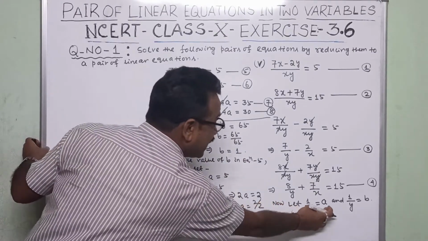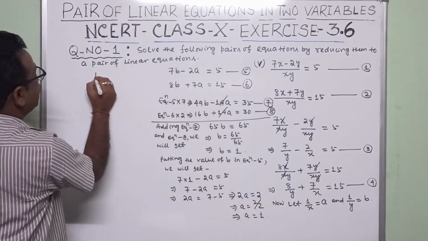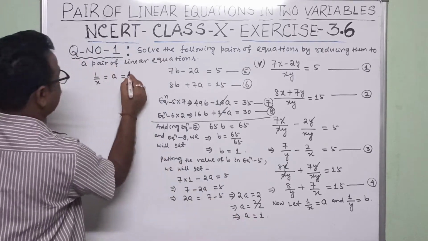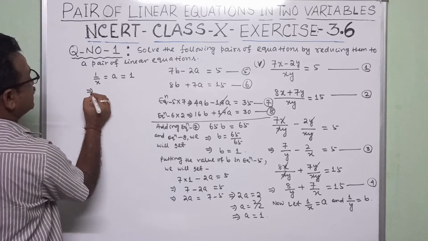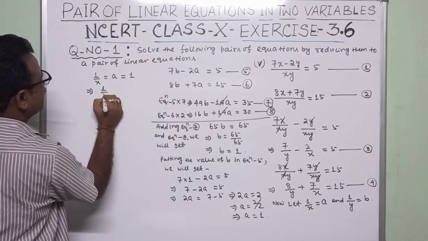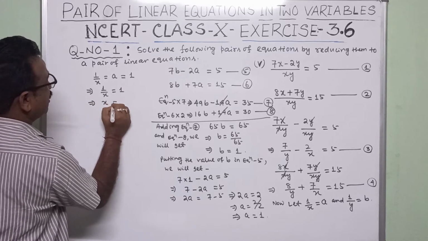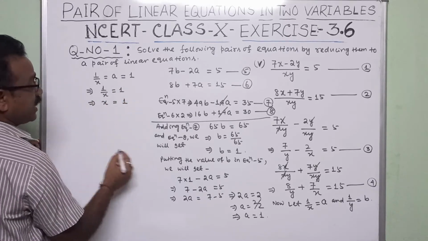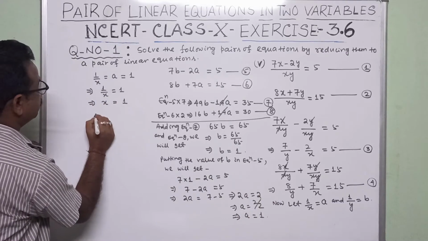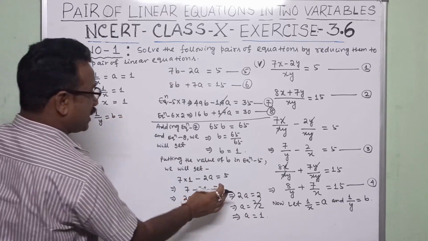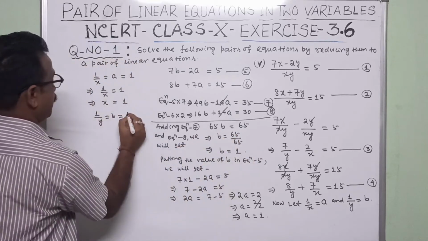So our 1 by x is equal to a. So 1 by x is equal to a is equal to 1. That implies 1 by x is equal to 1. That implies x is equal to 1. Now second one, 1 by y is equal to b, how much? 1.